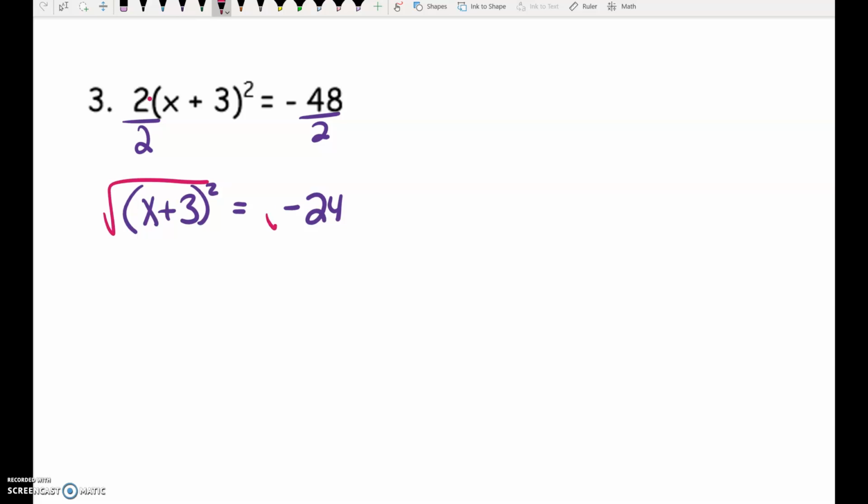Now we can square root both sides. All right, square root of 24, square root of -24, there's a -1, I think there's a 4 and a 6.